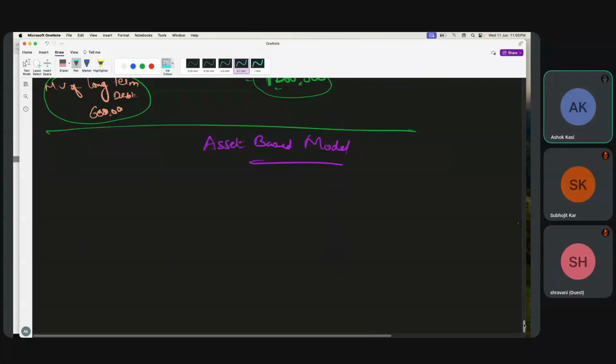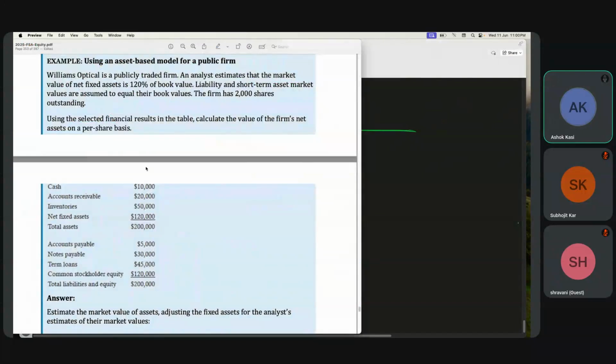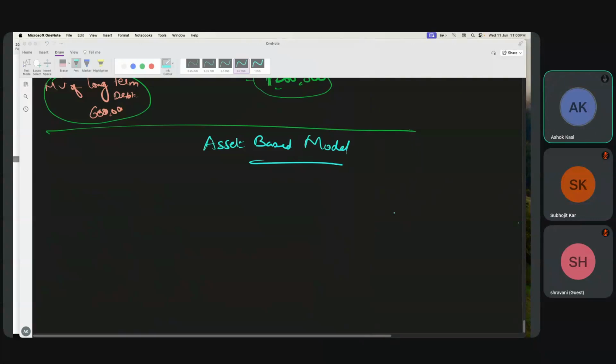So asset based model. Here, assets minus liabilities, assets minus outside liabilities.